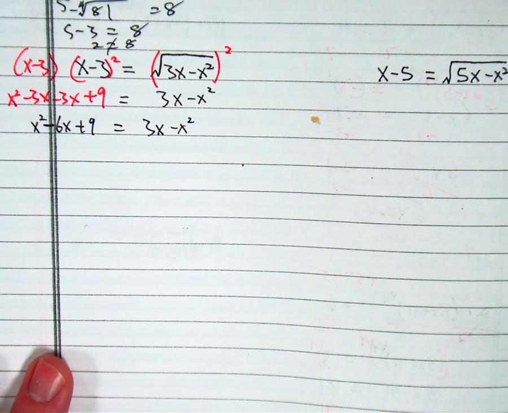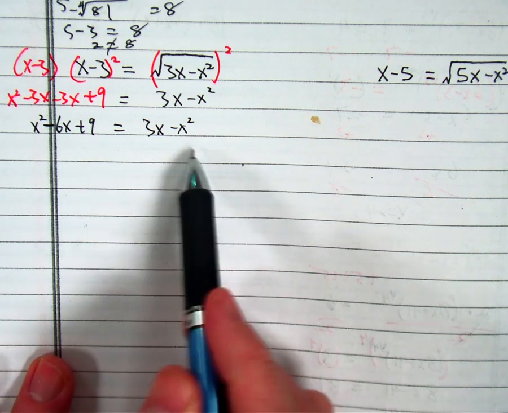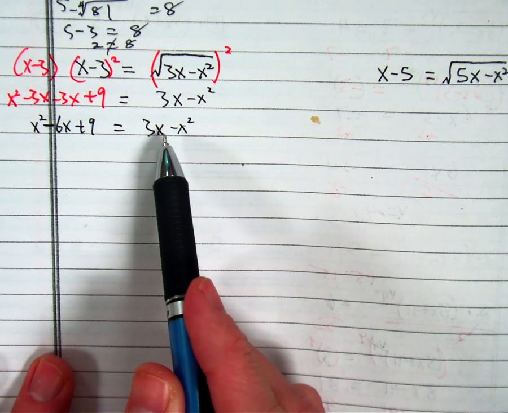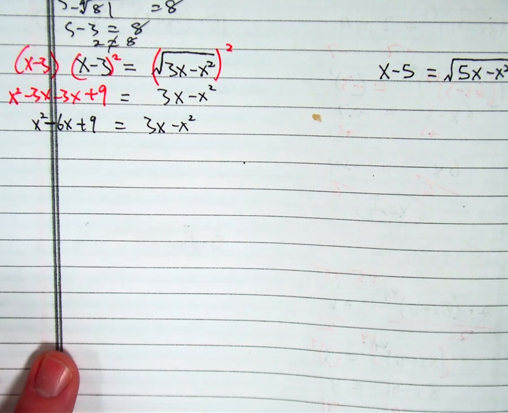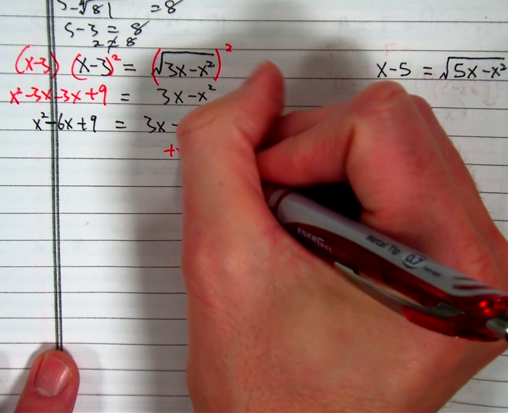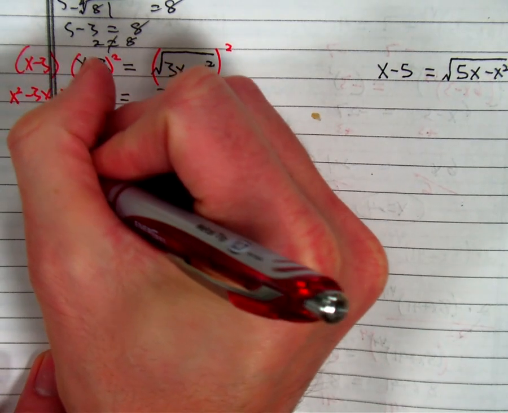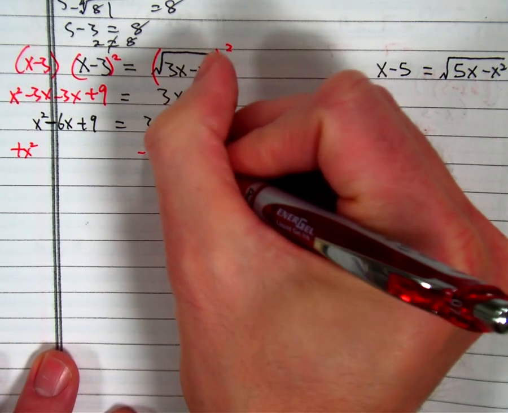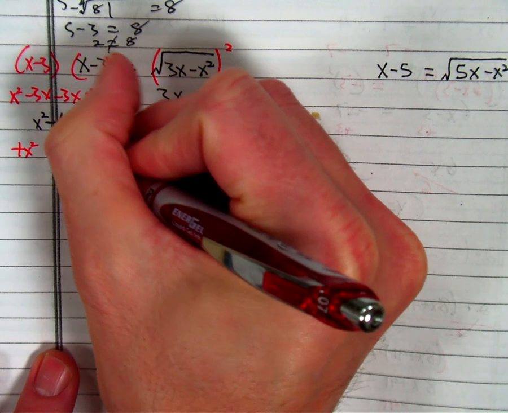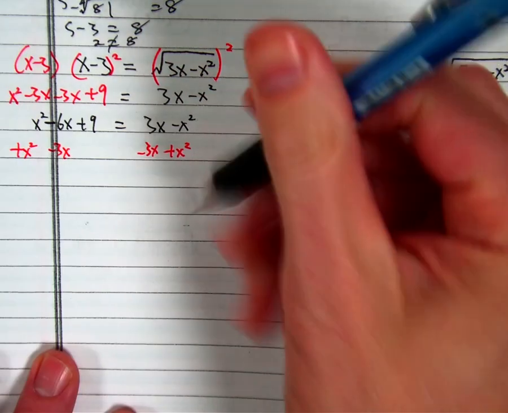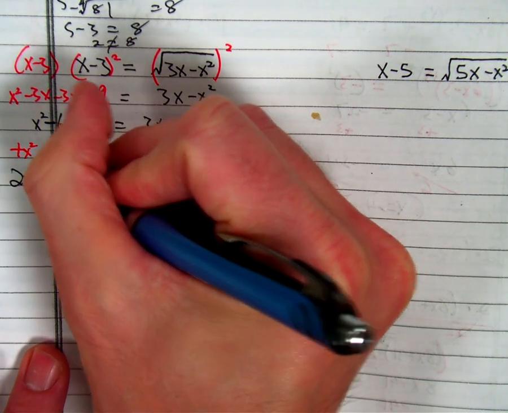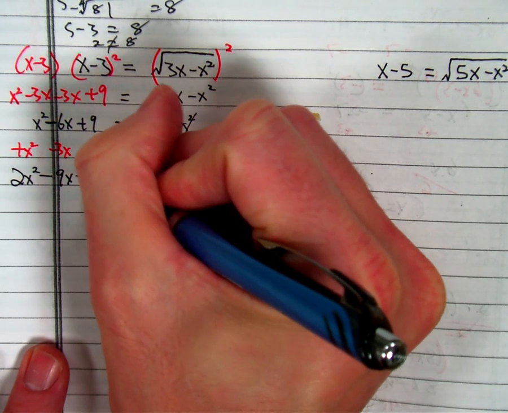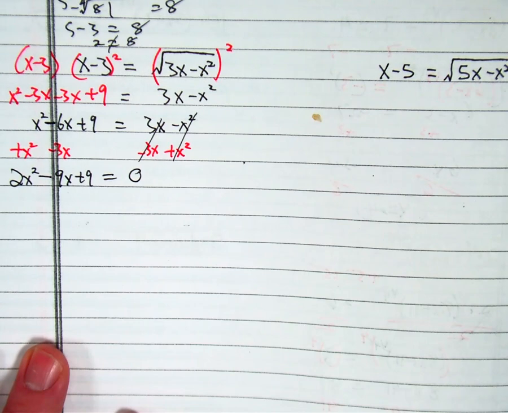Now, we have some x squareds. Our favorite solution here for x squareds is to do factoring. So let's get everything on the same side. Let's go plus x squared minus 3x: 2x squared minus 9x plus 9 equals 0.